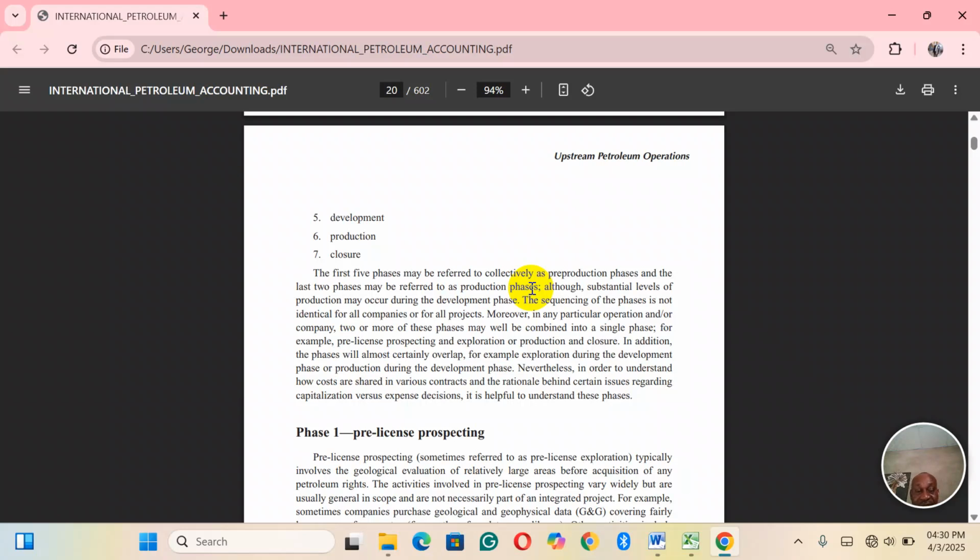In addition, the phases will almost certainly overlap, for example, exploration during the development phase or production during the development phase. Nevertheless, in order to understand how costs are shared in various contracts and the rationale behind the actual issue regarding the capitalization versus expense decision, it is helpful to understand these phases.